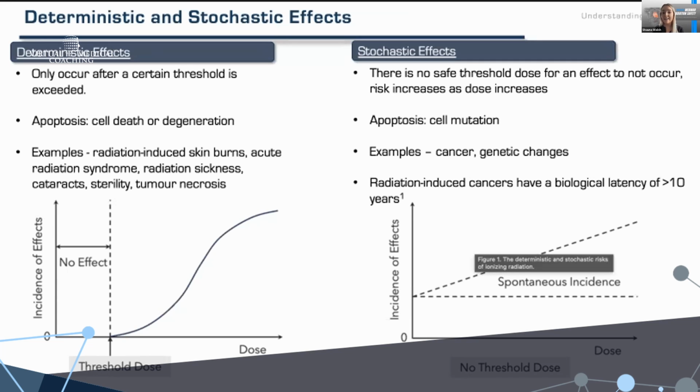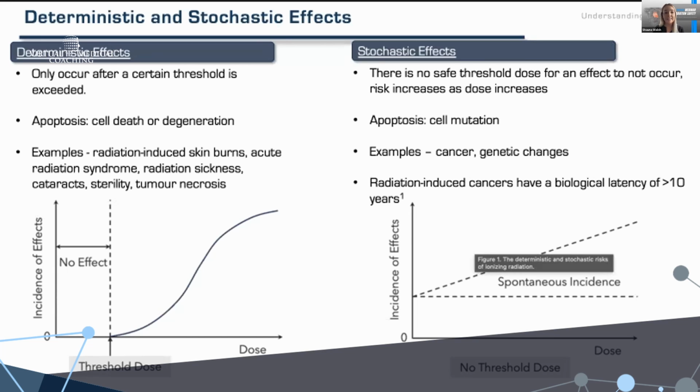On the other hand, stochastic effects have been defined as those for which the probability increases with dose, but without a threshold. So under this assumption, the possibility that radiation exposure, even at extremely low doses, may exert some effects can never be fully eliminated.